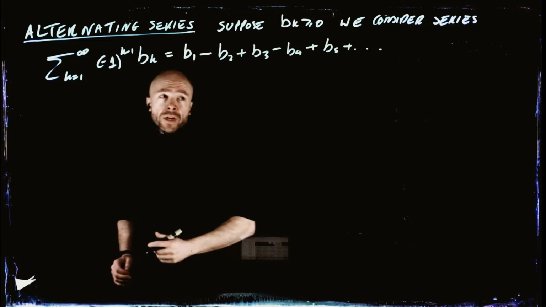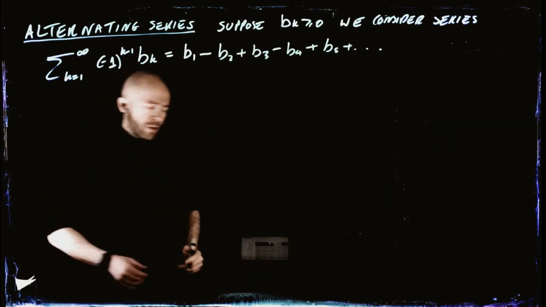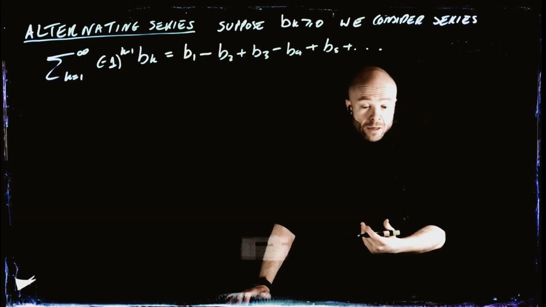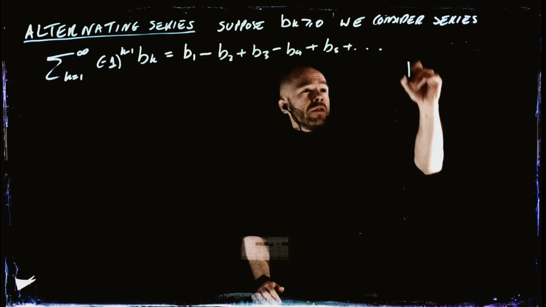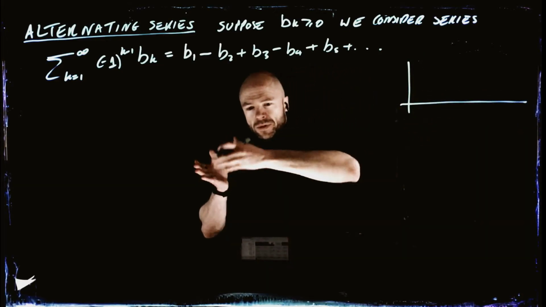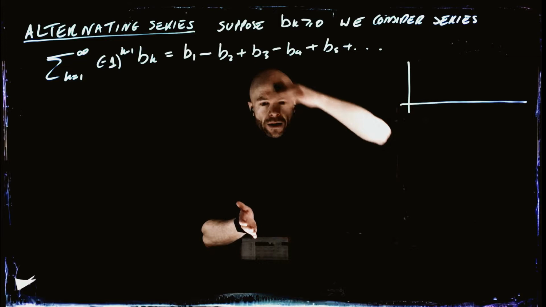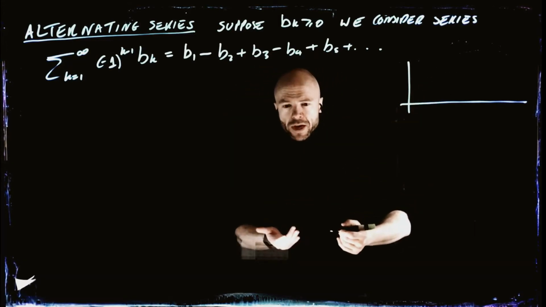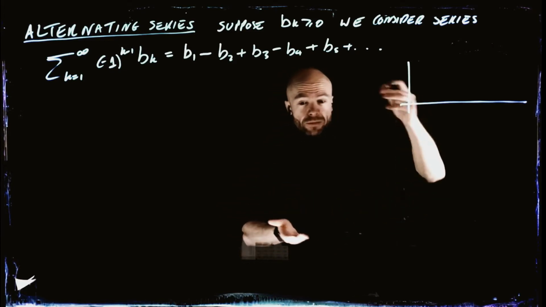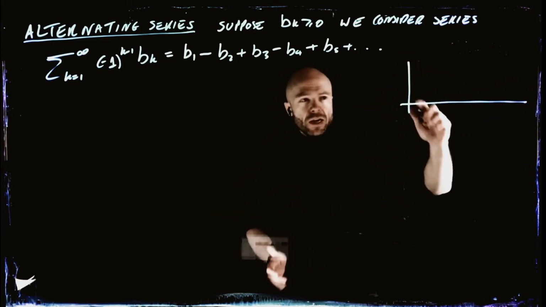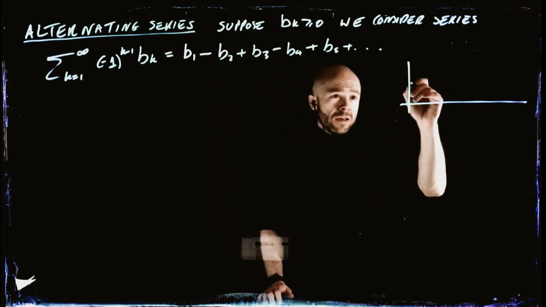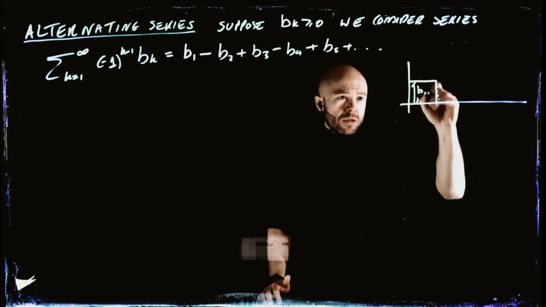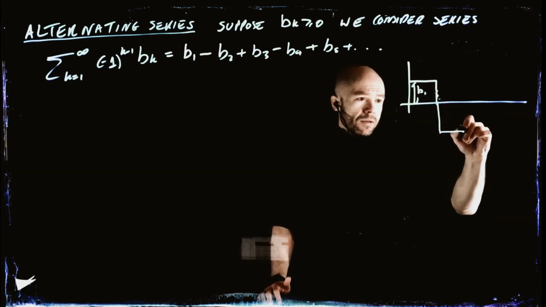Cool. All right, so many of the things we've been talking about don't work when we don't have sequences of positive terms. We can't compare the series to a function that recreates it and consider the area underneath the graph, because now our blocks are both positive and negative. The first block is this positive block, the next block is this negative block.